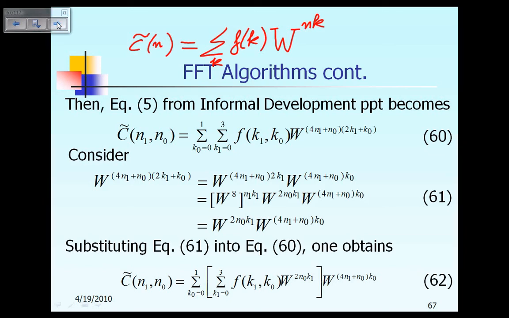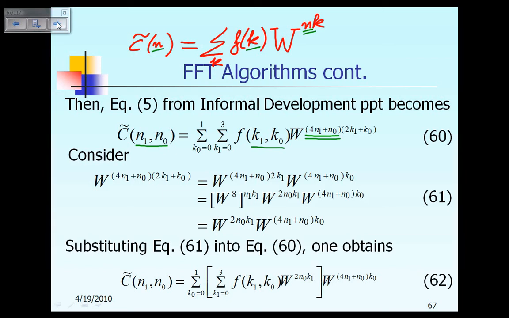Now in this particular case, because we express the small index n in terms of a pair of indices n1, n0, and we express the small index k in terms of a pair of indices k1, k0, we also replace the value of small n by the formula that we talked about earlier, which is small n equal to 4n1 plus n0.